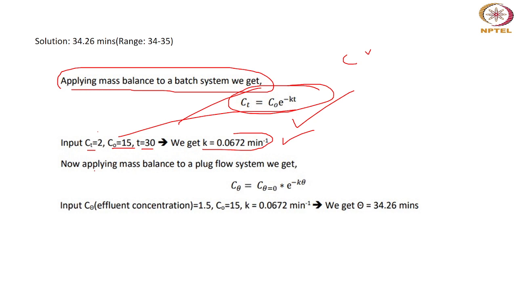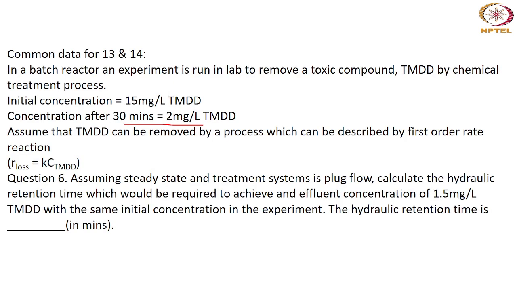Then next, we'll go for the plug flow system. For a plug flow system we use a similar equation. There is no change for a first order plug flow system; it is the same as the batch version. So C theta equals C naught multiplied by e to the power minus K theta. Just put the values here. What is my desired concentration?